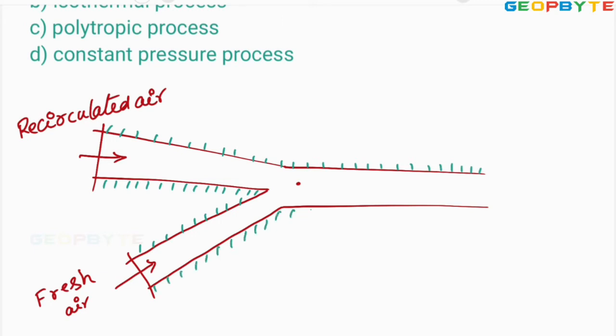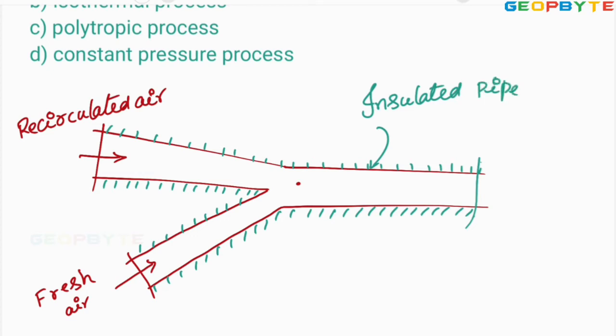This is representing the insulation. This is the insulated pipe. This may be section 1, section 2, section 3. Mass of the recirculated air may be m1. Fresh air mass may be m2.